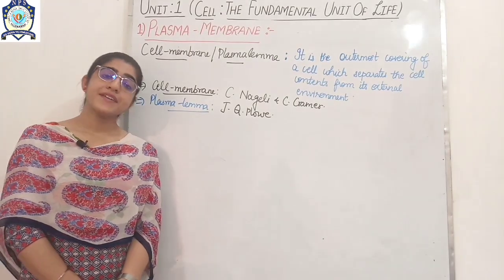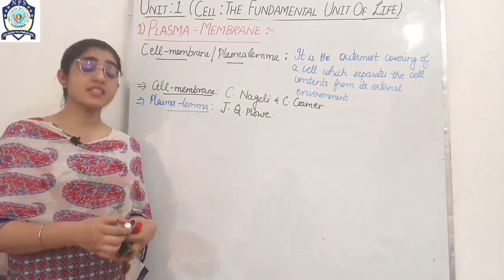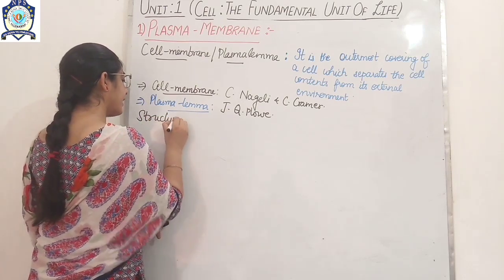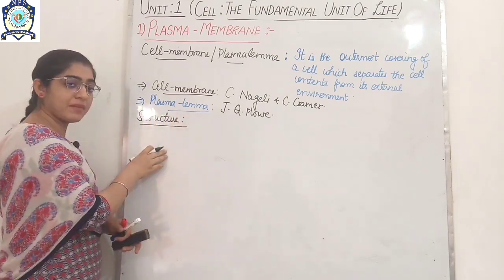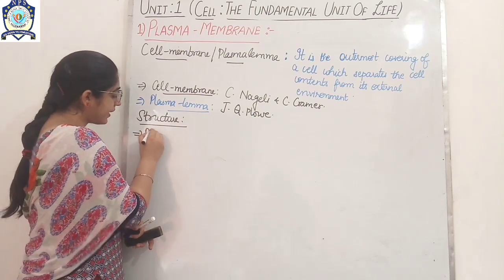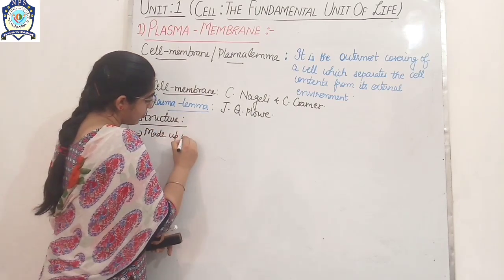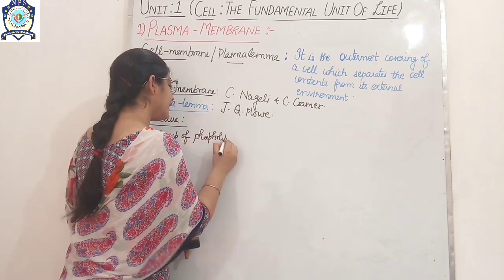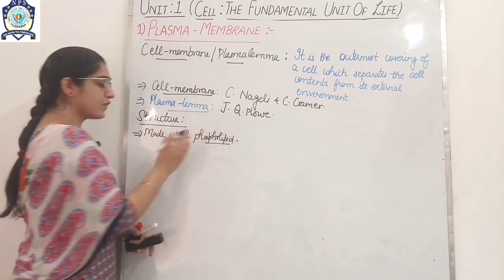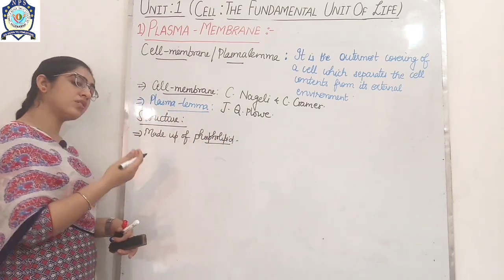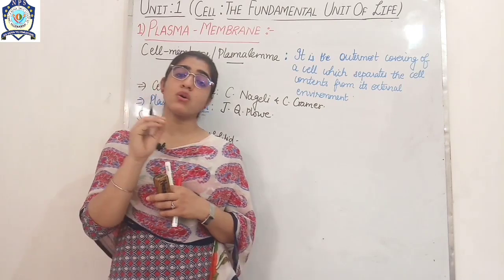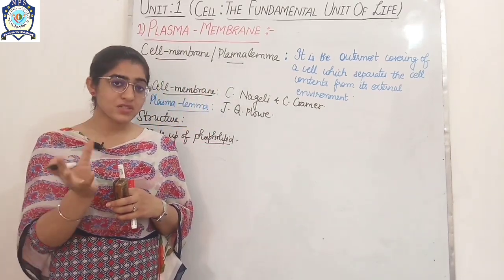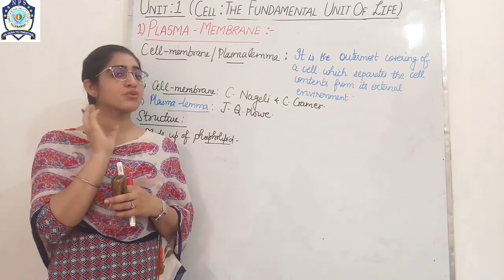Now if we talk about the structure of a plasma membrane, then the plasma membrane or the cell membrane is made up of lipids and phospholipids, and it also contains protein, cholesterol and also sugar molecules.